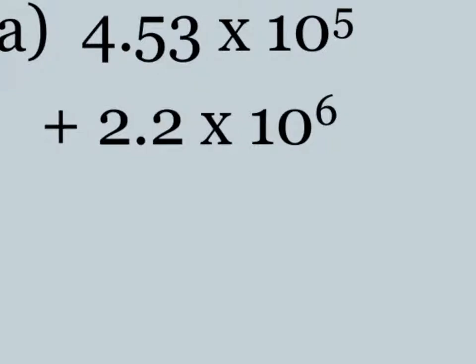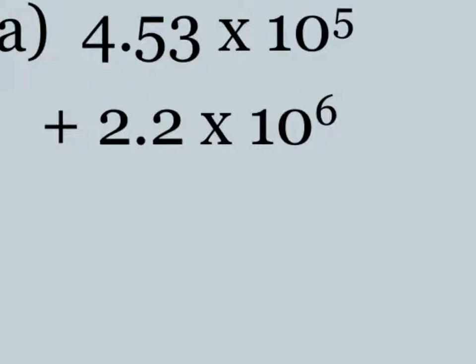Alright, let's start with example A. Example A is an addition problem. We have 4.53 times 10 to the 5th plus 2.2 times 10 to the 6th. When adding exponents, it's a lot like adding fractions. We have to have the end part be the same. Just like in a fraction, the denominator has to be the same in order for us to be able to add them.